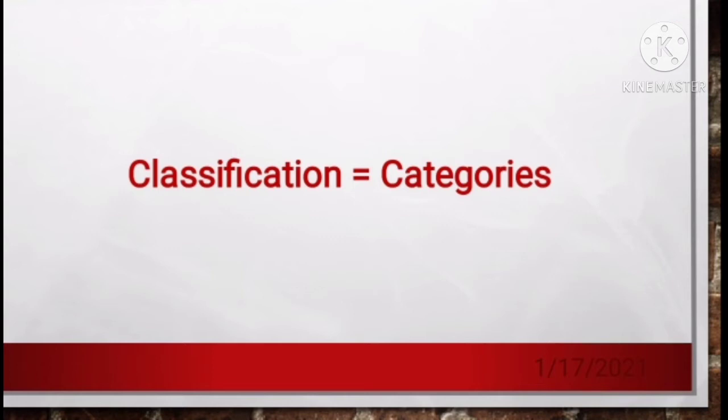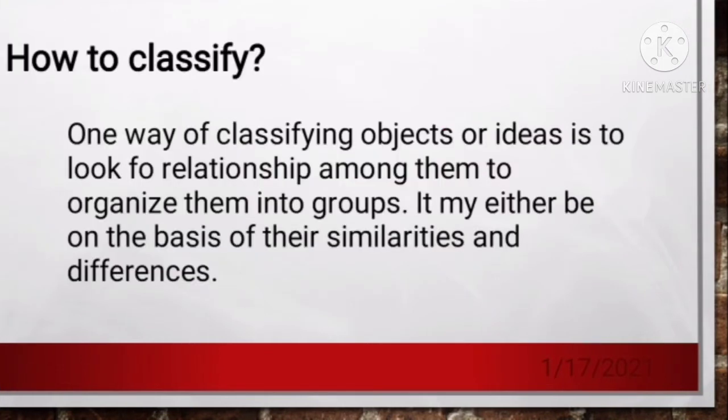Categorizing gives us a way to describe an item to others. It provides connection between ideas for similarities and differences. Classification makes a broad subject break down into smaller and more specific ones. One way of classifying objects or ideas is to look for relationships among them to organize them into groups.